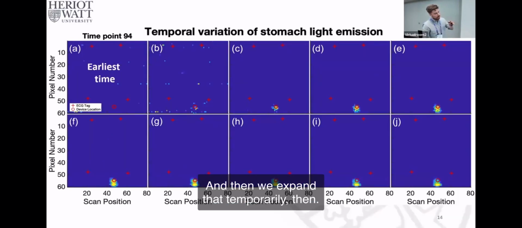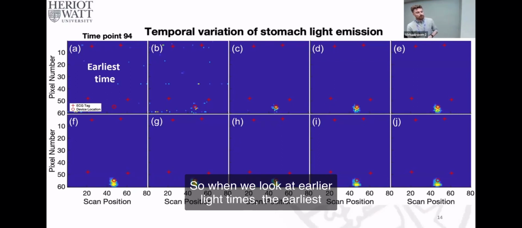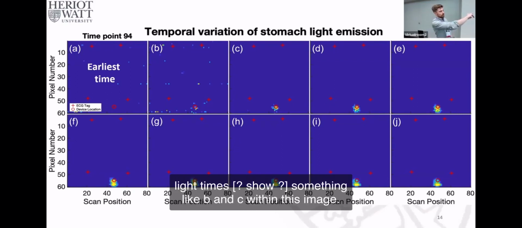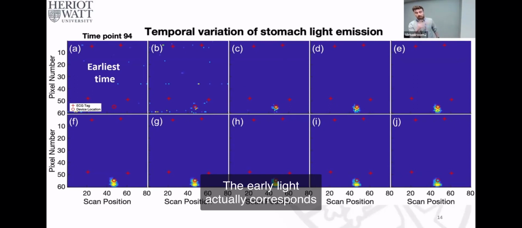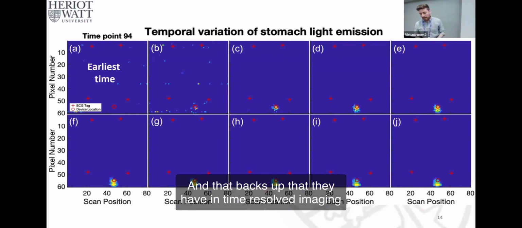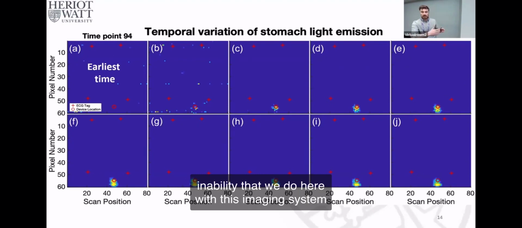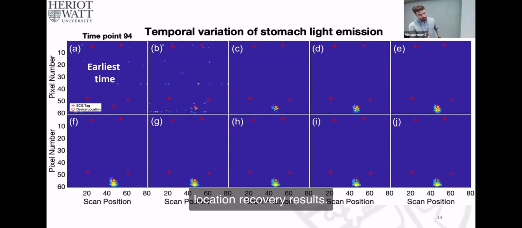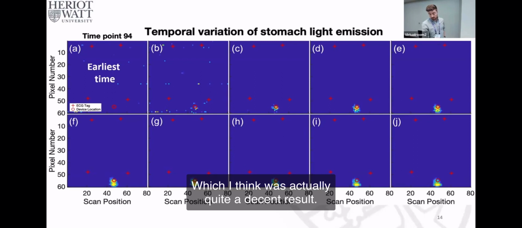And then when we expand that temporally, so when we look at earlier light times, the earliest light times are something like B and C within this image, the early light actually corresponds better to the expected location with respect to the later arriving light, for example, in I and J. And that backs up that having the time resolved imaging ability that we have here with this imaging system is a benefit in providing potentially more accurate location recovery results, which I think was actually quite a decent result.